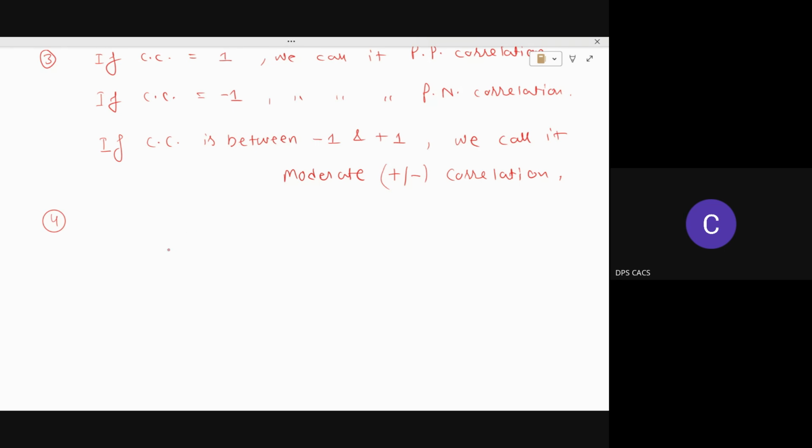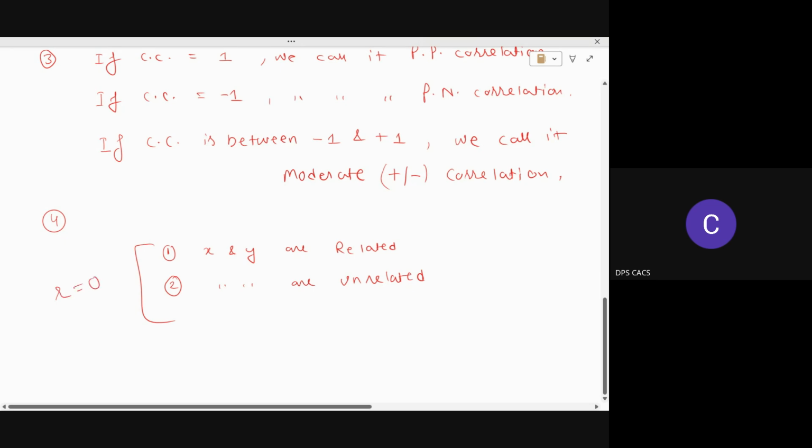Statement 1: X and Y are related. Number 2: X and Y are unrelated. Tell me which one is correct. When R is 0, then X and Y are related or unrelated? What do you think?